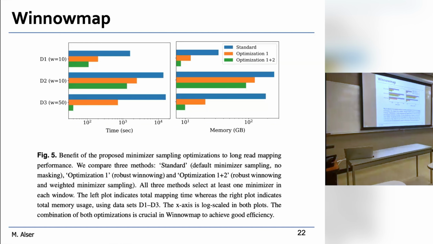So they show some evaluation for this method. These three different data sets use W of 10, 10, and 50. And that's going to show a huge difference in terms of execution time and in terms of memory. Why is execution time becoming less? Because as you go, you block that k-mer from appearing again.